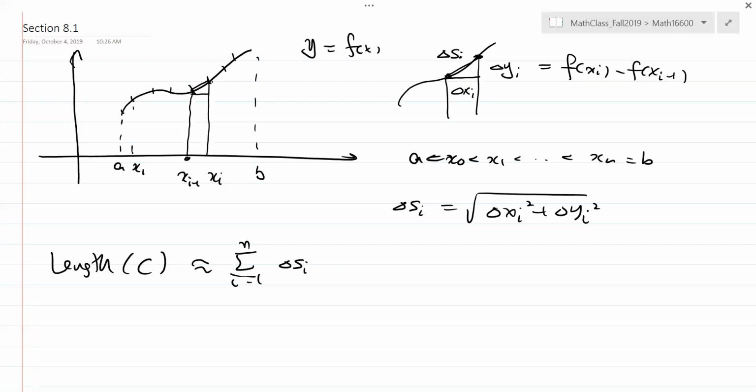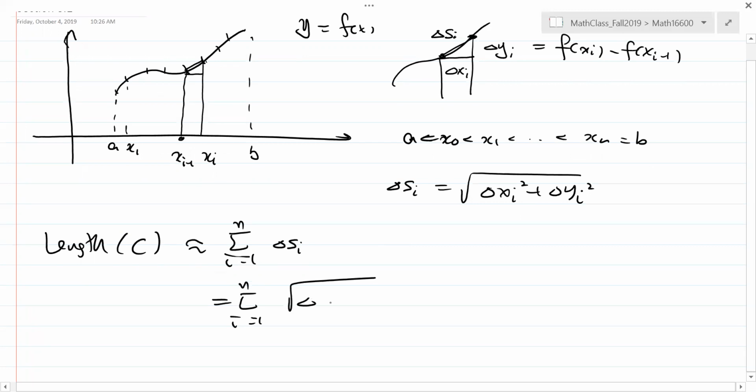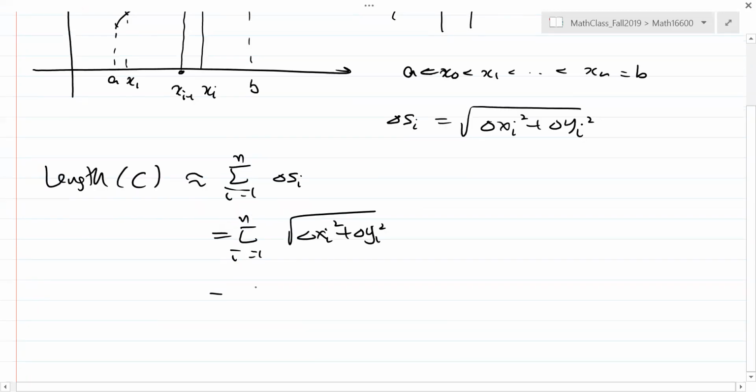Okay, so let's do it. This is a good estimate. Then I rewrite it, and you take delta xi out.